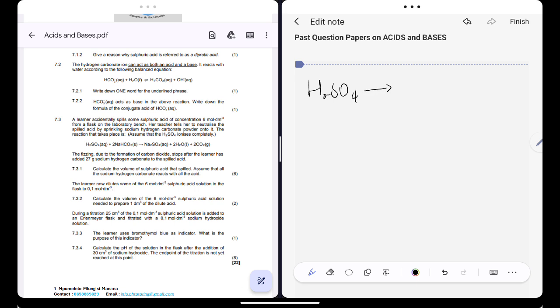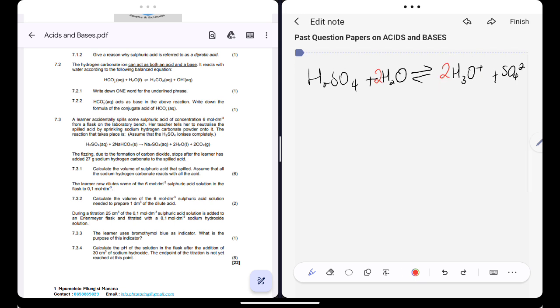I'll just write the complete ionization, though I know it's a 2-step process. It's H3O plus, SO4 2 minus. And remember that it's a diprotic acid, which simply means I must have two protons there, and I must put a 2 there for me to balance the equation. So sulfuric acid donates 2 protons. This is the balanced equation of ionization of sulfuric acid.